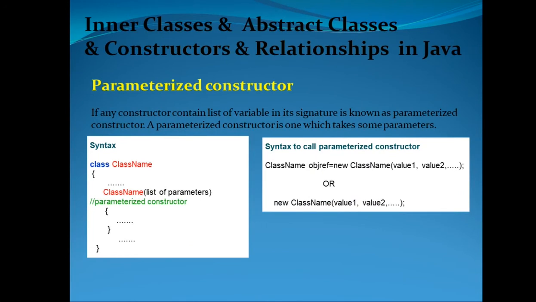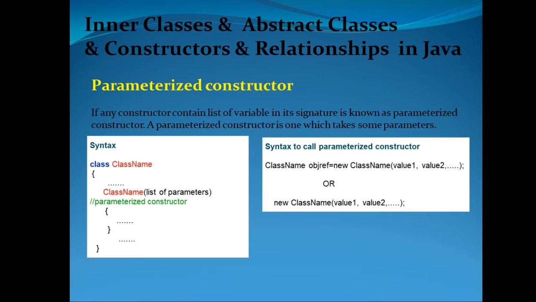So the next one is the parameterized constructor. If any constructor contains a list of variables in its signature, it is known as a parameterized constructor. A parameterized constructor is one which takes some parameters. Here is the syntax of a parameterized constructor, where we have the class name, and the name of the constructor should be the same as the class, and after that a list of parameters, and the brace is opened, the brace is closed, and that's the syntax.